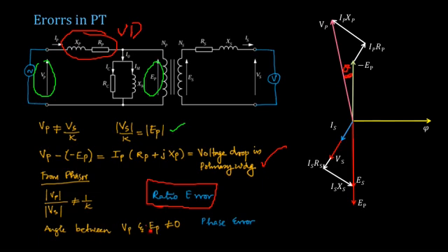That particular difference is known as the phase error. Hope you have got some idea regarding the entire working of the transformer as well as errors in CT and PT, that is ratio error and phase angle error. So thank you.